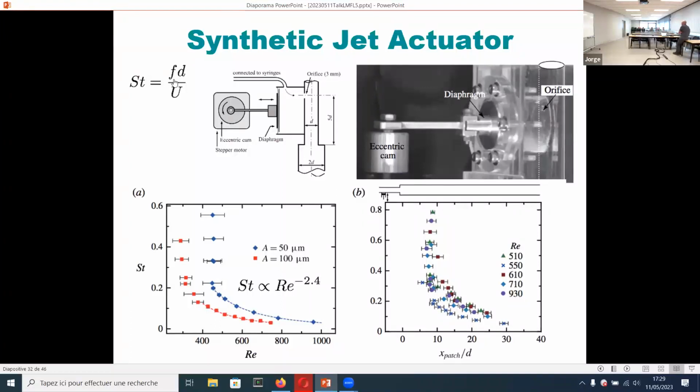Compared to Reynolds, we didn't have this theoretical background that we have now, that we see now with streaks, rolls, and this literature where we have this syntax to describe what we see. And compared to Reynolds, we have synthetic jets, straighteners. We have some tools where we can manipulate the flow a little bit more. Of course, this is still very much empirical, I think.